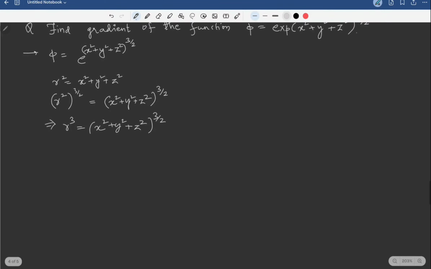So the given function will be in the form phi is equal to e raised to r cube.